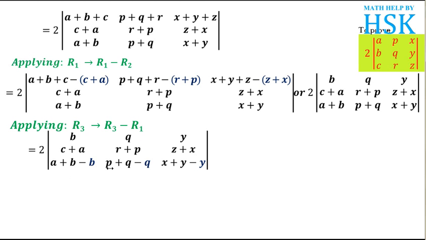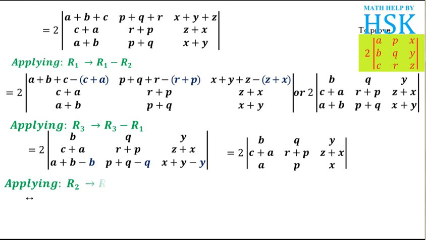The b, b, q, q and y, y cancel out. So I am going to get twice b, q, y, c plus a, r plus p, z plus x, a, p, x.